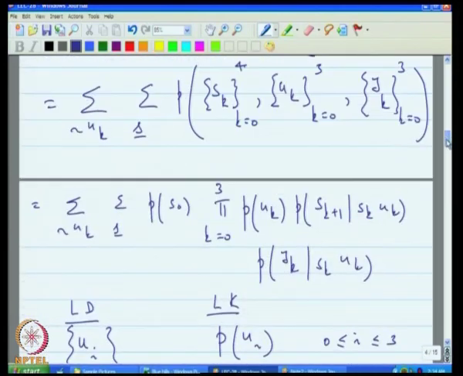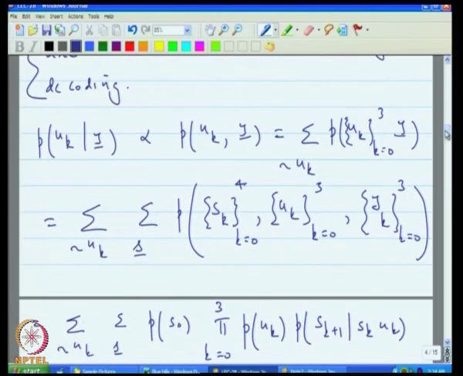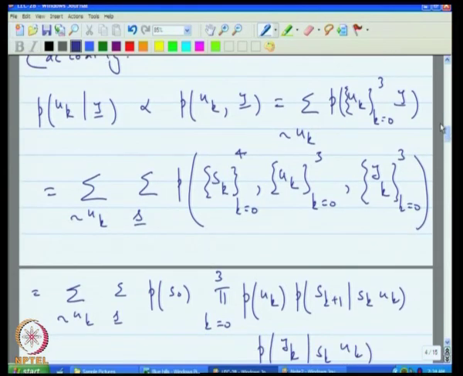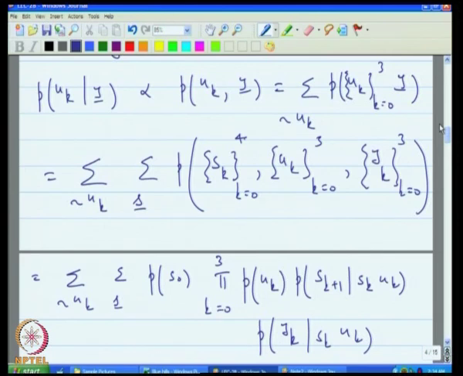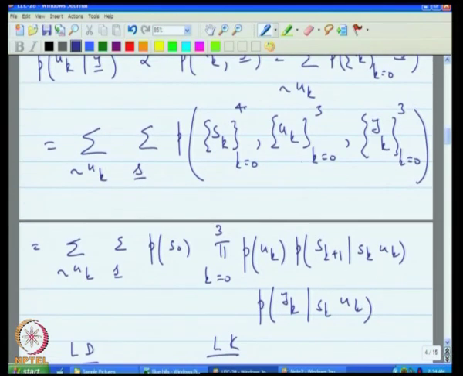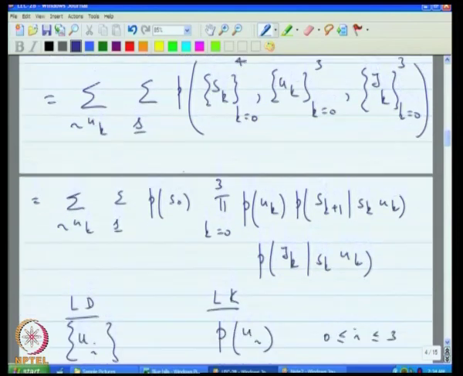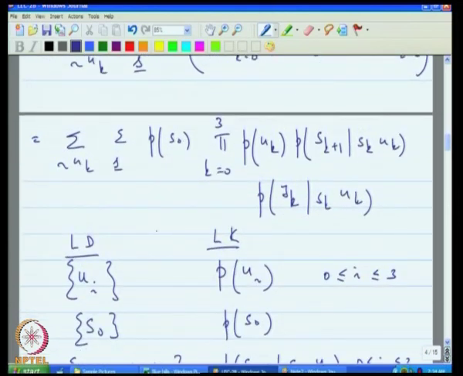Then it turns out that you can actually formulate the problem in a very similar fashion, the only difference being that whereas here you are operating in the sum product semi-ring, you would be operating there in the max product semi-ring. So, wherever you have a summation, you would actually have a max. Okay.